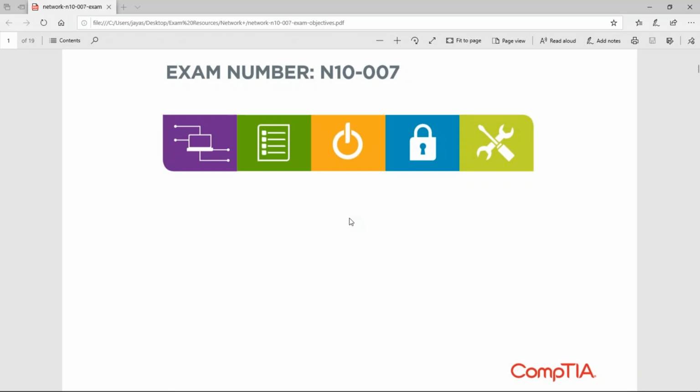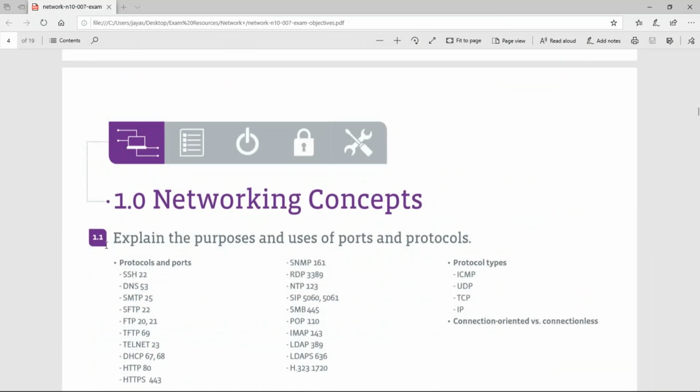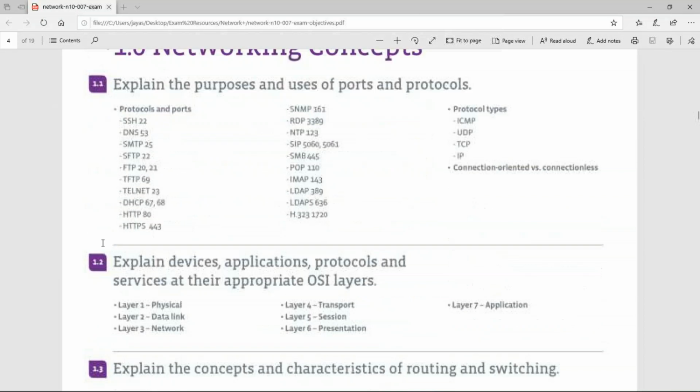If you do have a question about a concept or a topic, what I would like for you to do is try to find it in the objectives and just reference the objective number. I think this is something everyone should get in the habit of doing, understanding which objectives you're studying for.